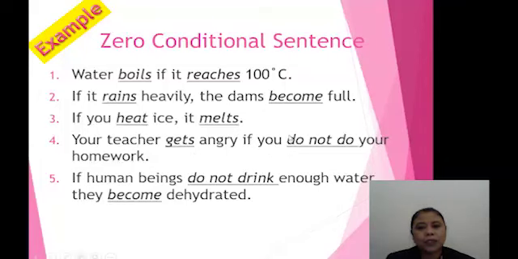Angry if you do not do verb 1 your homework. Number 5, if human beings do not drink enough water, they become dehydrated. Human beings is plural subject, so you use do not drink enough water, they become dehydrated. Because the subject here is they, so the verb is not plus s.